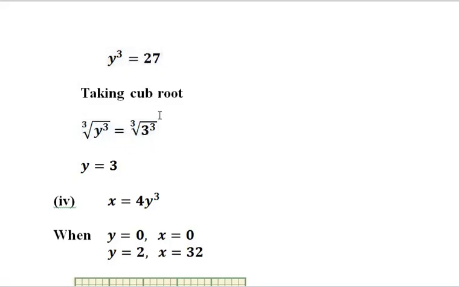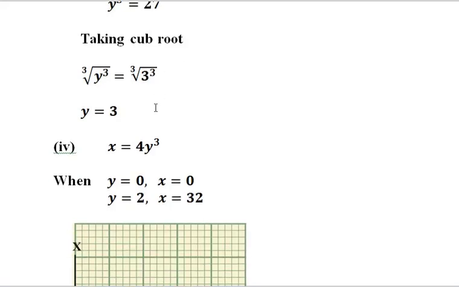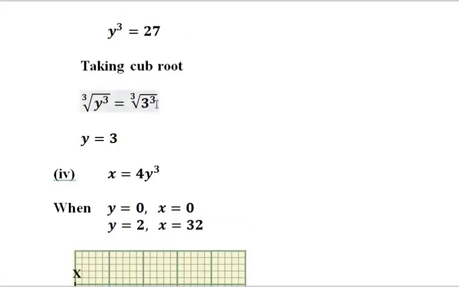Now 27 is a perfect cube number, so we can write it as 3 multiplied by 3 multiplied by 3, or in exponential form 3 raised to the power 3. So y equals 3, because 27 is a perfect cube number.